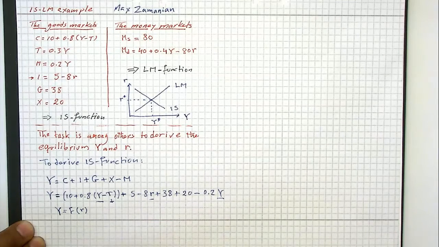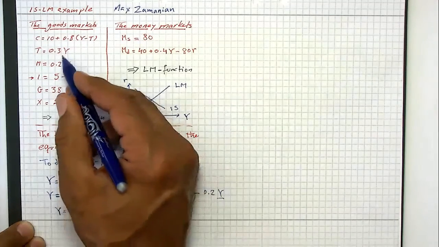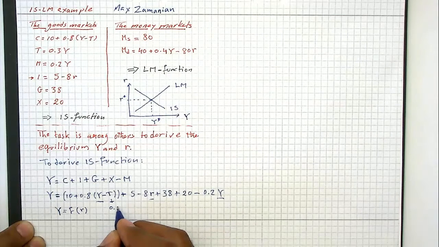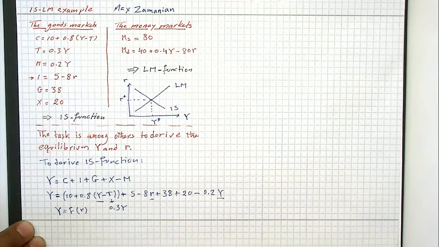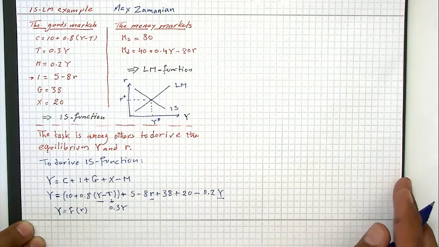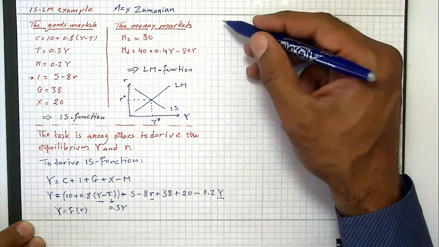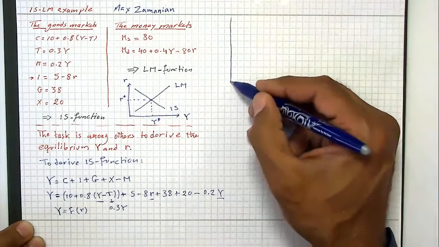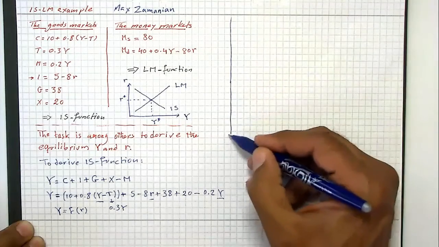Here we have taxes, so we can insert the tax function here. So you get rid of t, and instead you will have y. So now we can do some algebra to get a clean and nice IS function.